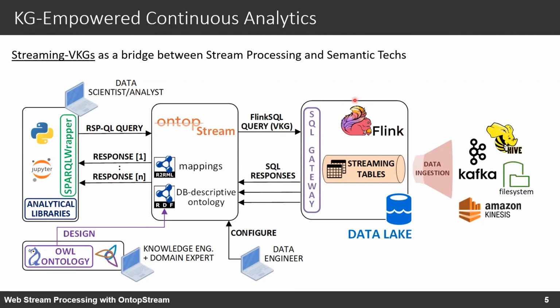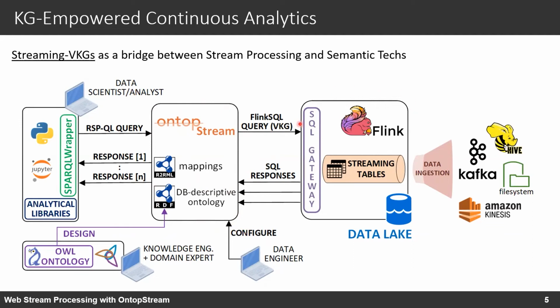Flink, which is a stream processing engine able to ensure the nice replication properties typical of a distributed system. So on one side we have all the semantic enrichment we need, so that we are able to create an ontology which enriches our data also.